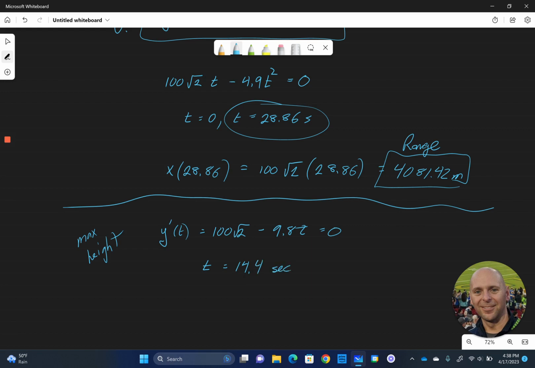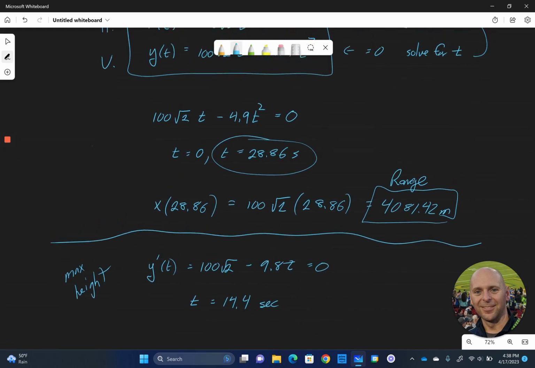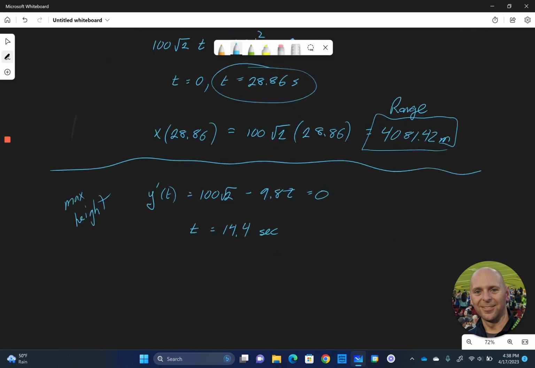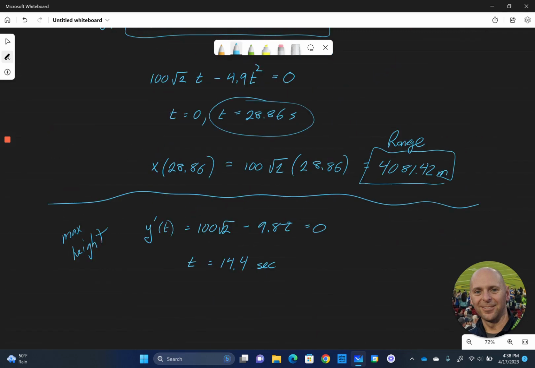And again, now that we've got that time, just like we did before, to figure out the actual max height, we need to go back to the position function for the vertical component and use that time there. So if we plug in t for that, we end up with y of 14.4, which is equal to 100 square root 2 times 14.4 minus 4.9 times 14.4 squared.